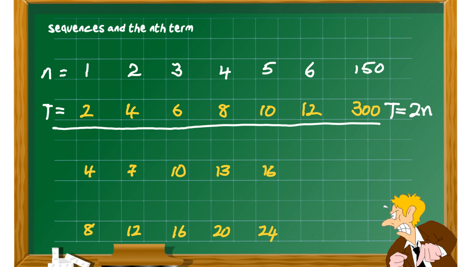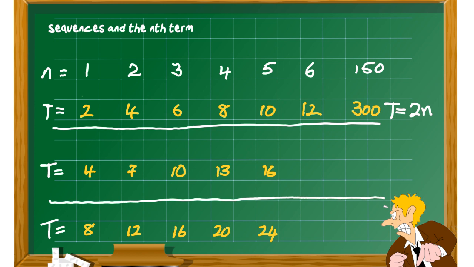Right, let's have a look. We're going to carry this on, the same sort of logic, and here is our t, here's another t. We're going to look at this one here first of all. These numbers are going up in threes, so 4 to 7 is 3, is 3, is 3.